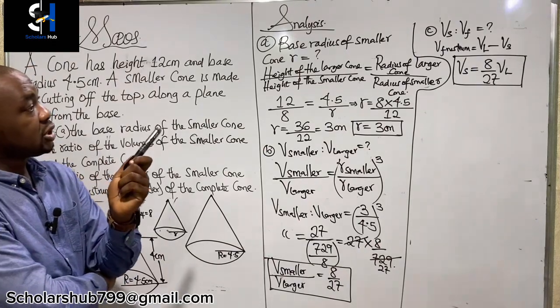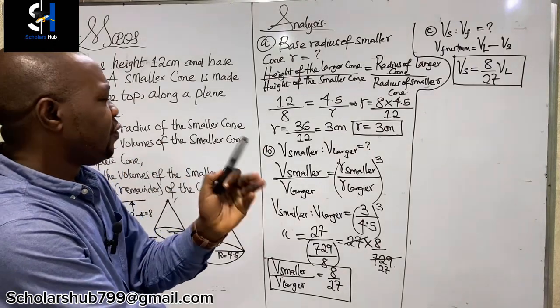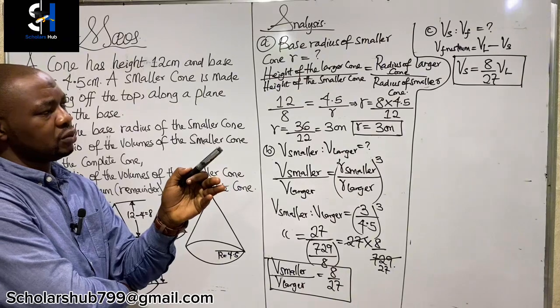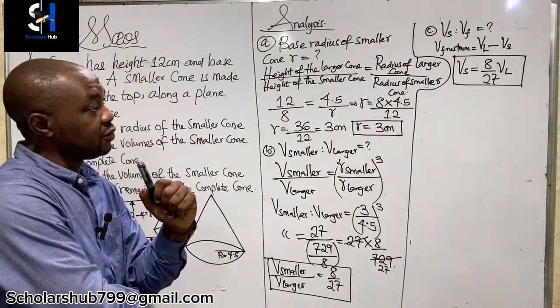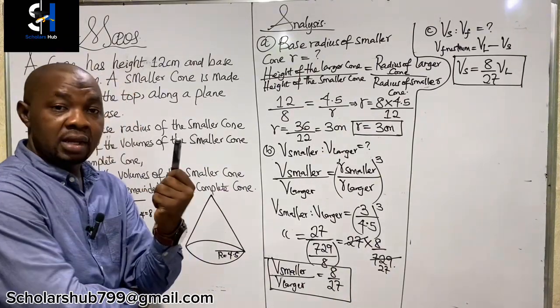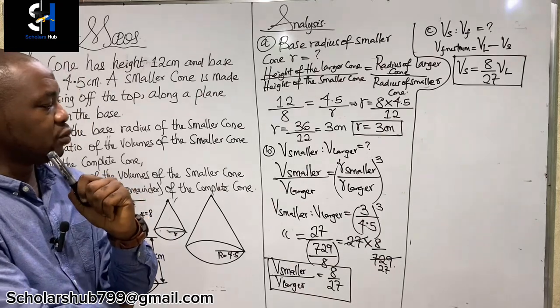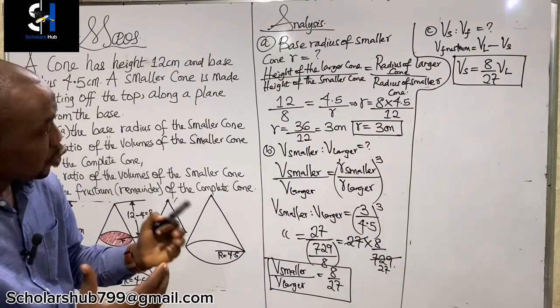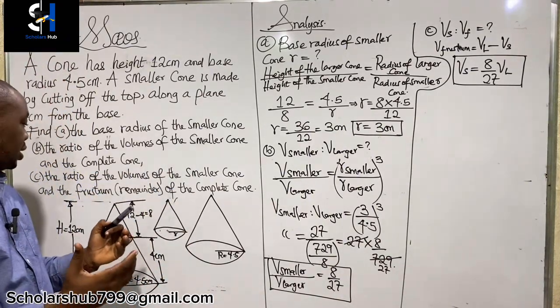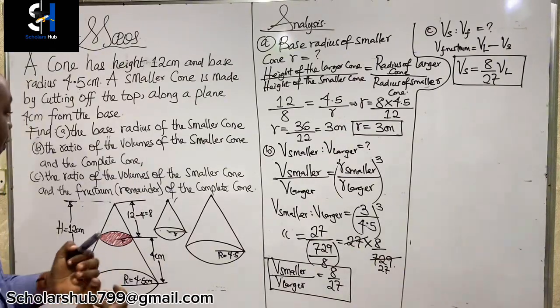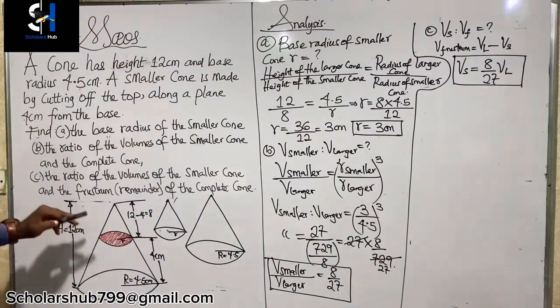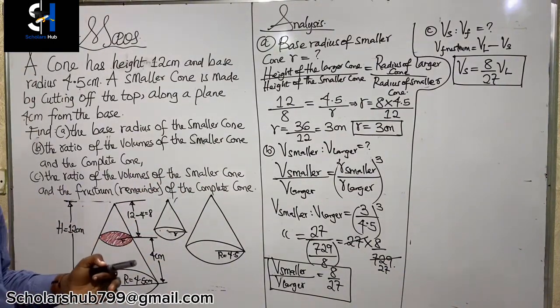All right, so in this case we have the volume of the smaller cone, which is now 8 out of 27 multiplied by the volume of the larger cone. We want to find the ratio of the volume of the smaller cone to the frustum of the complete cone.